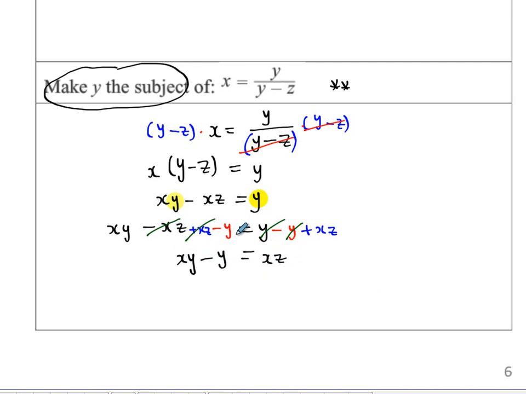Can you see that? Some of you might have learned from your school previously that if I've got y on this right hand side and I bring it to the left side, it becomes minus y, and that's exactly what happened. And if I have minus xz on this side, we bring it over to the right hand side, we get positive xz.